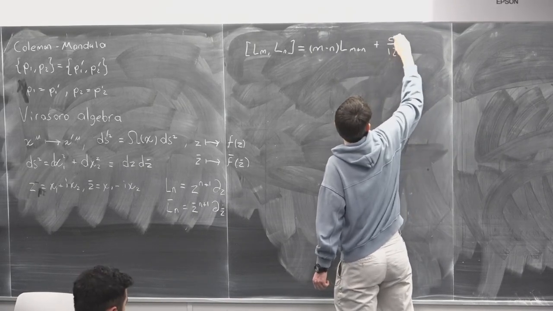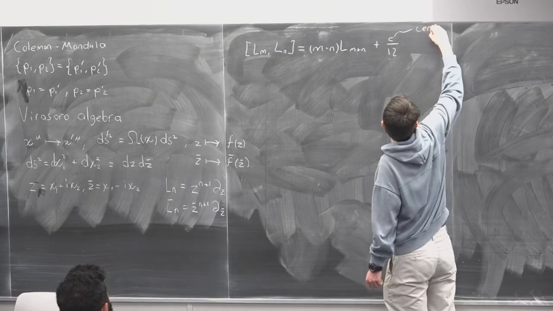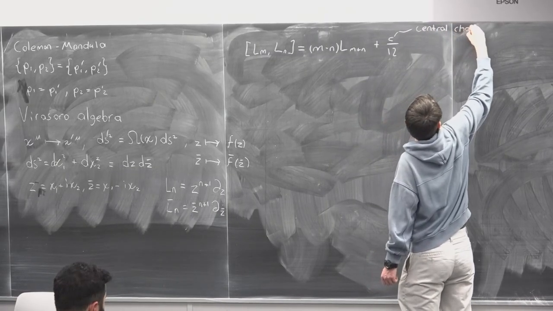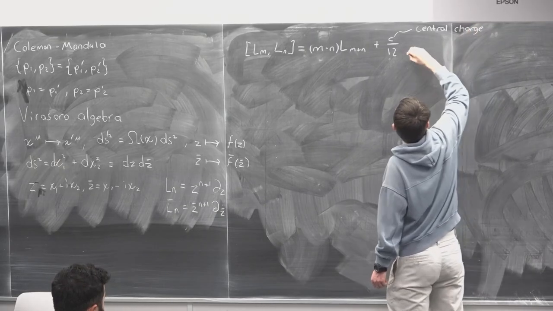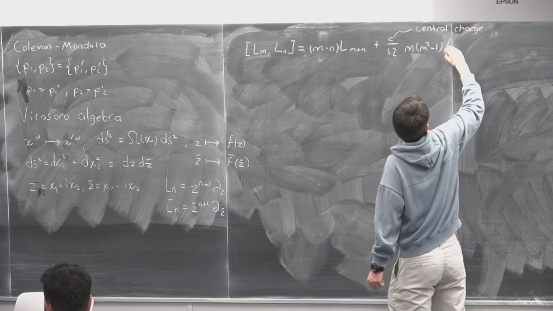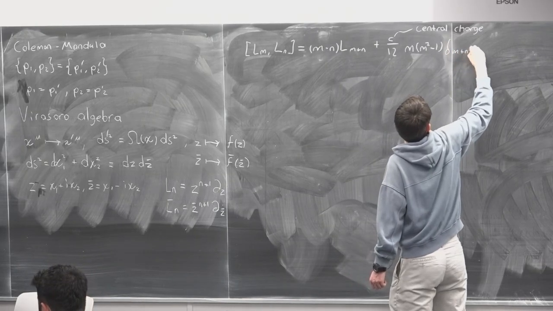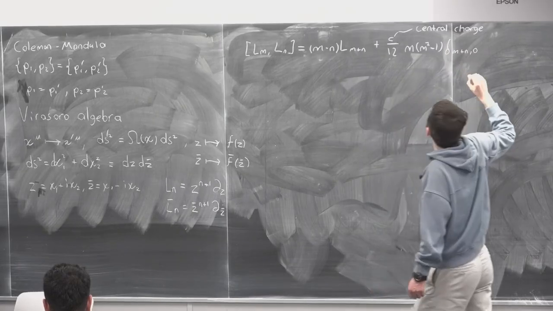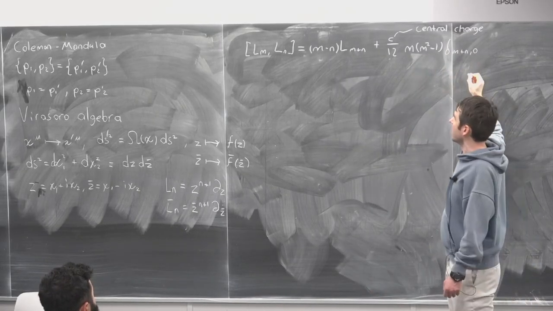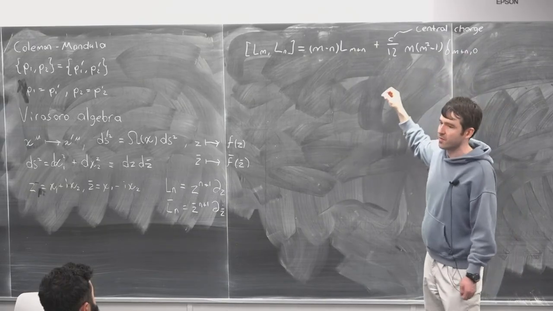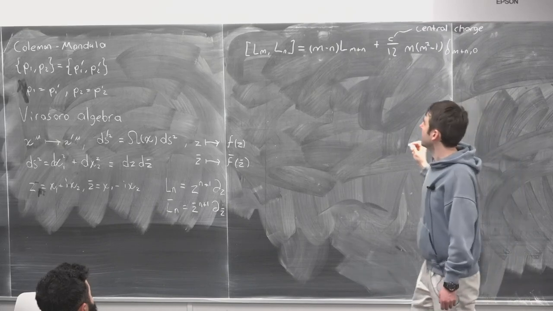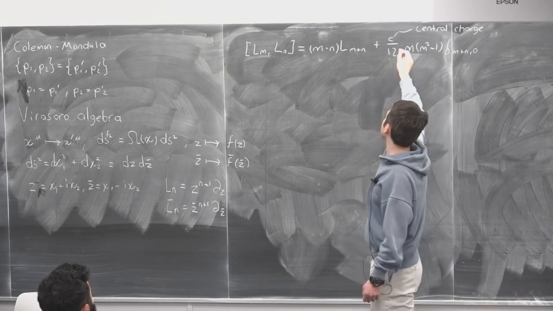It's parameterized by this number, which is called the central charge. And it's a term that you can sometimes use to deform a Lie algebra using a new generator that commutes with all of the other generators. So the Virasoro algebra admits a central extension.